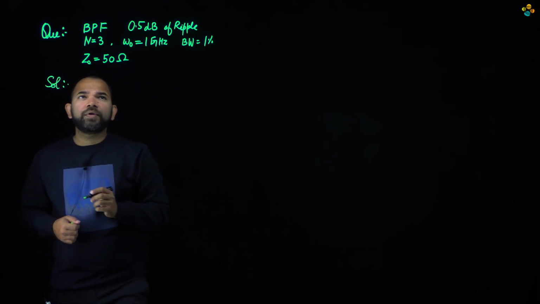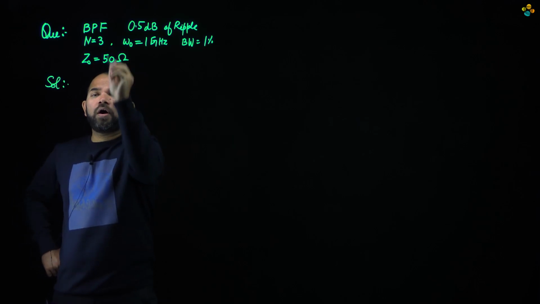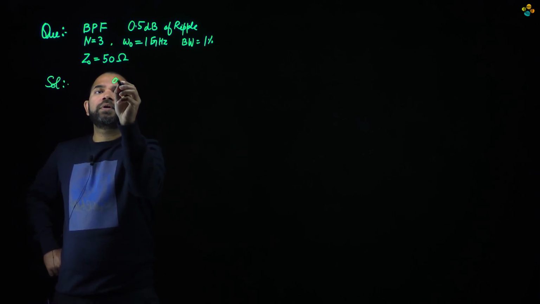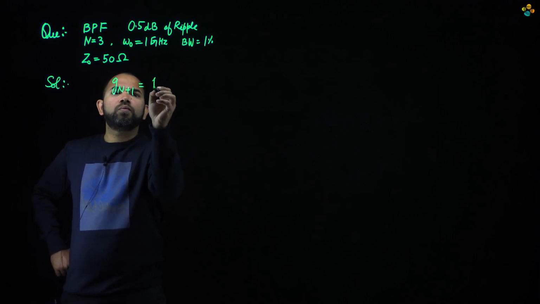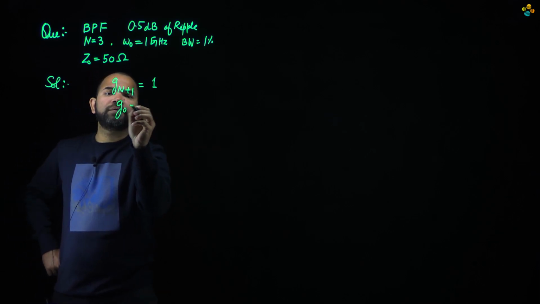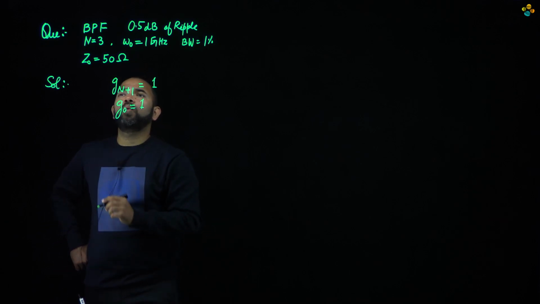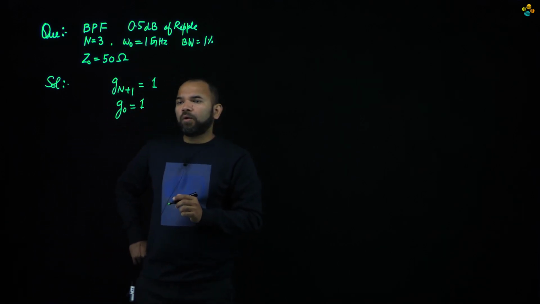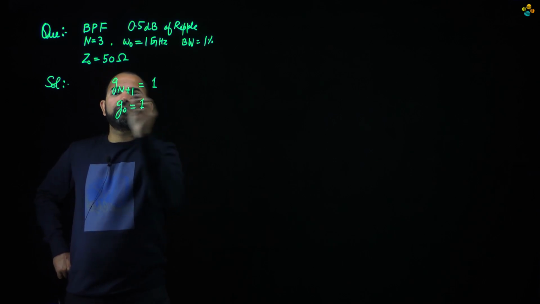We have seen that if the order of the filter is odd for a Chebyshev filter, then Gn plus 1 is equal to 1, and G0 is given here as 50 ohm impedance, so we have taken it as a normalized 1. Now the other Gks: we have order of the filter 3, so this is G4.